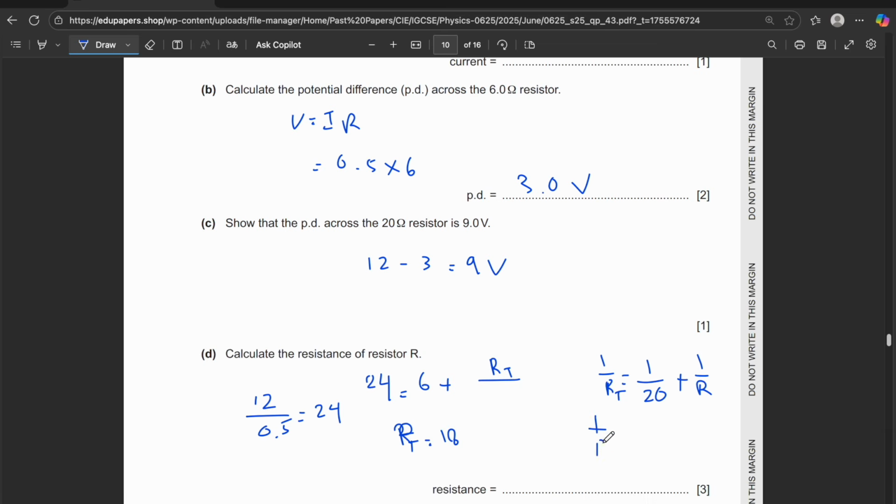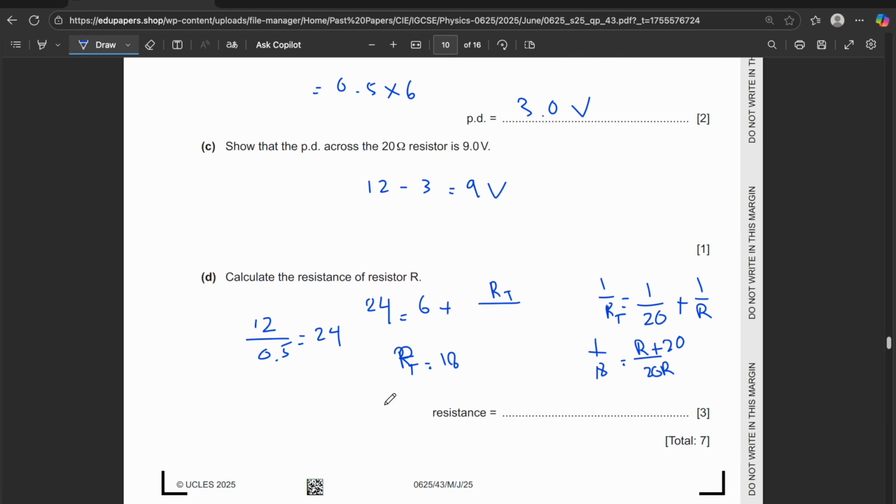So 1 by 80 is equal to (R plus 20) over 20R. So 18R plus 360 is equal to 20R. So 2R is equal to 360. So R is going to be 180 ohms.